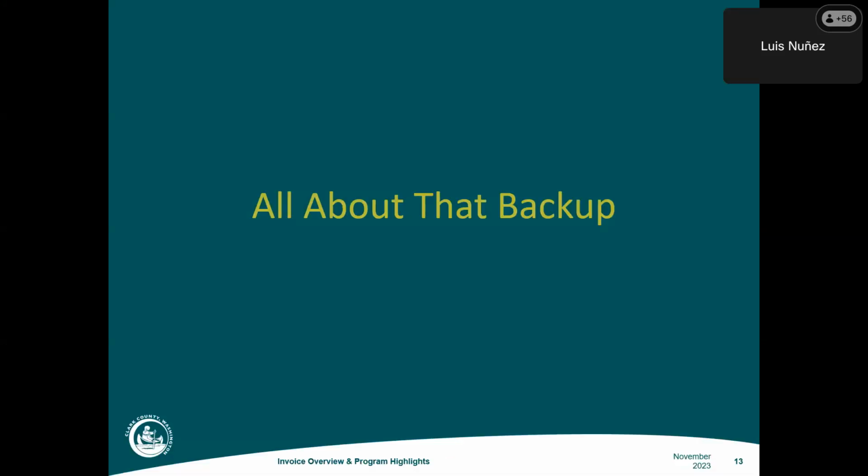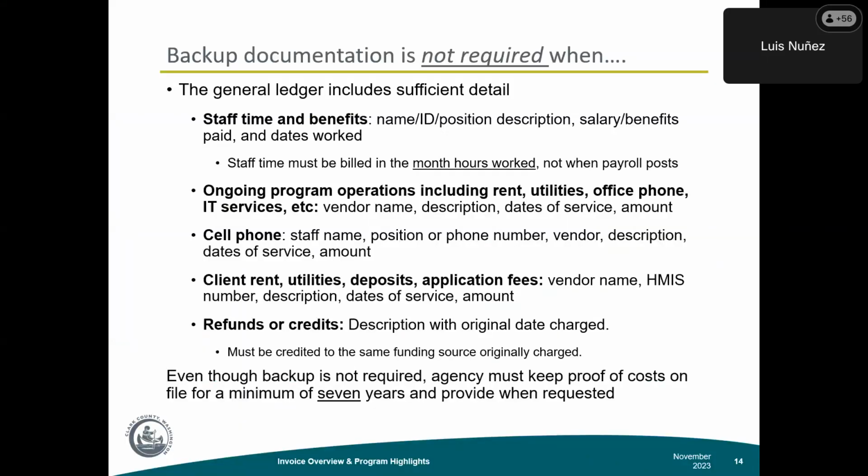All right, moving along to the backup. We're going to cover when backup is required and when it's not. We're going to start with the not required. So backup is not required for some expenses if there is sufficient information provided in the general ledger.